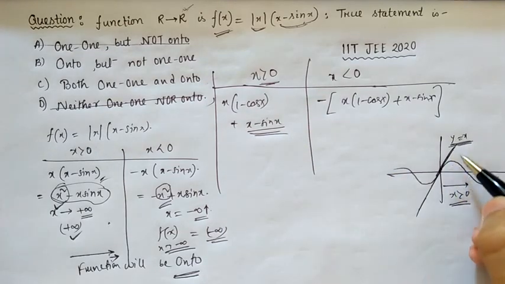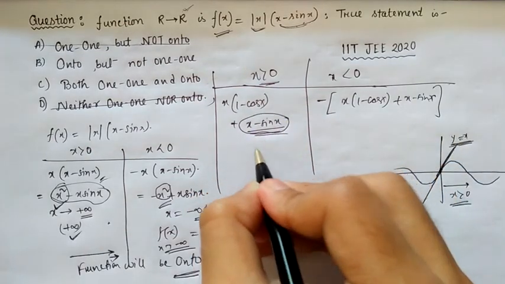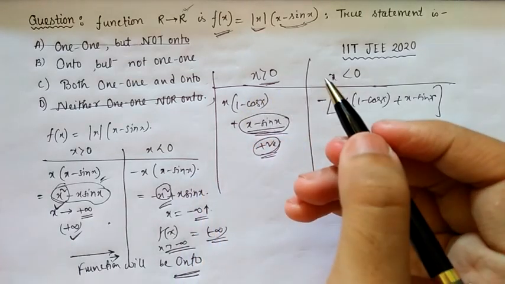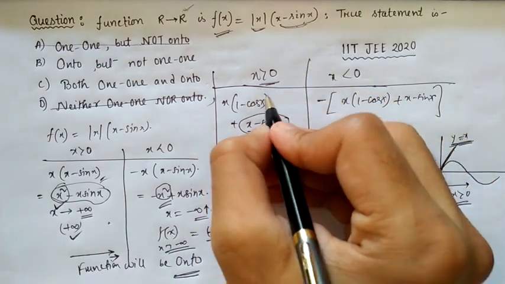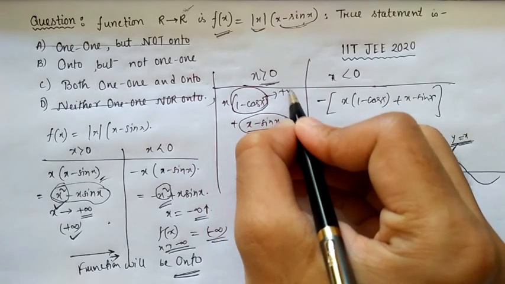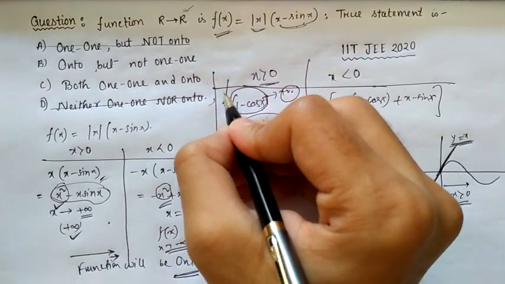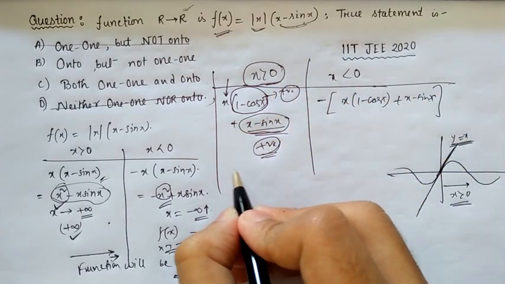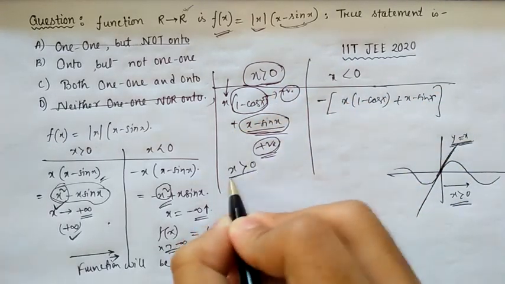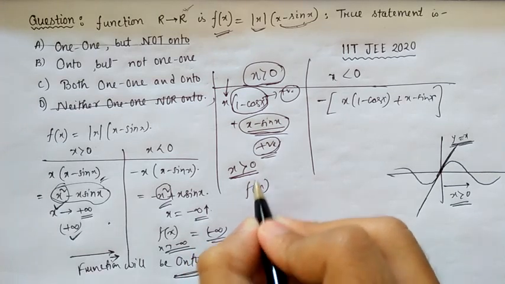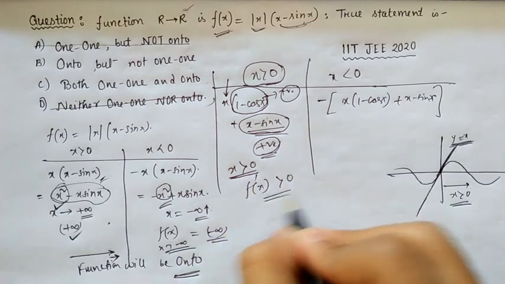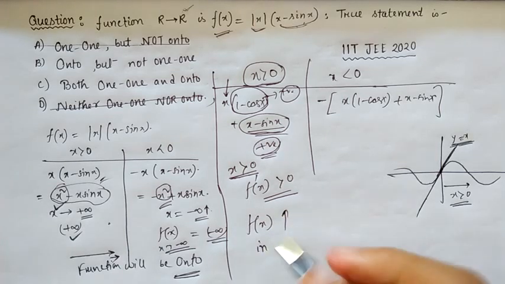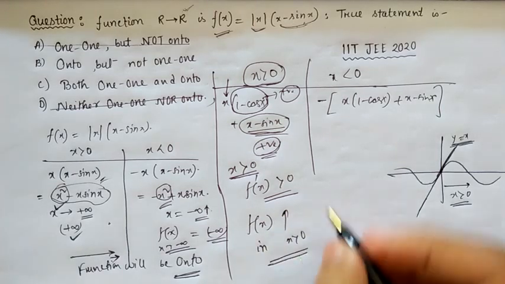Since x is greater than sin x, this term will be positive, and 1 minus cos x is always positive, since cos x lies between -1 and 1. And this x is already positive in our range. So we can say that when x is greater than 0, f dash x is greater than 0. That means f(x) is increasing in the range x greater than 0.